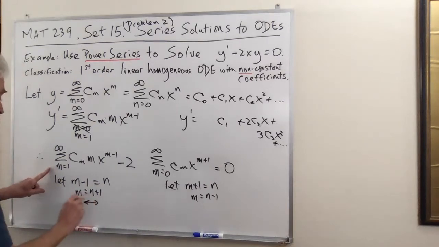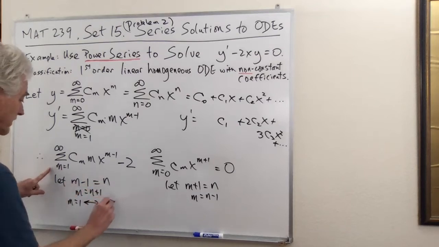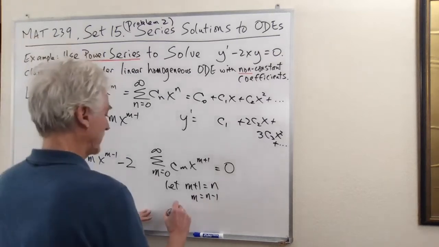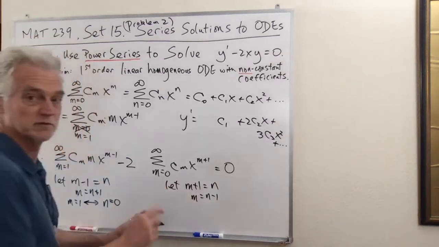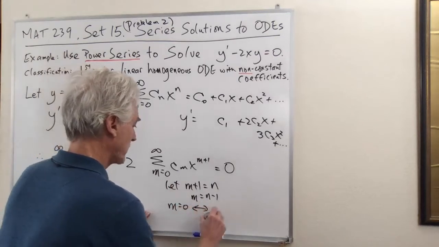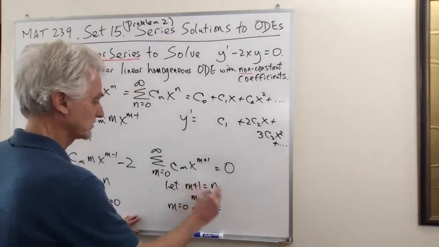That corresponds to n equals 0, right? When m is 1, n is 0. When n is 0, m is 1, right? So here we have the first term is m equals 0. In m equals 0, that corresponds to n equals, well, m plus 1, that's 1.